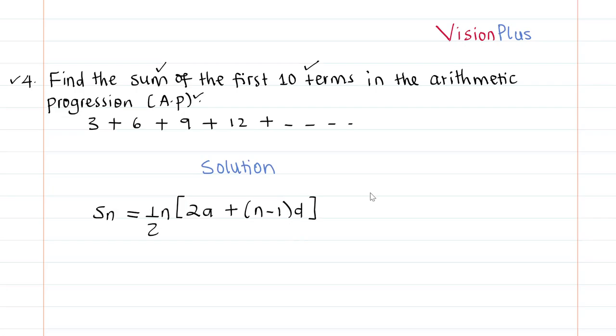That is how we get the sum of n terms of an AP, where a is our first term, which you know, and our d is the common difference.